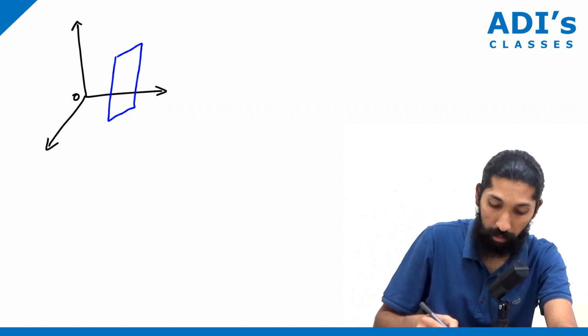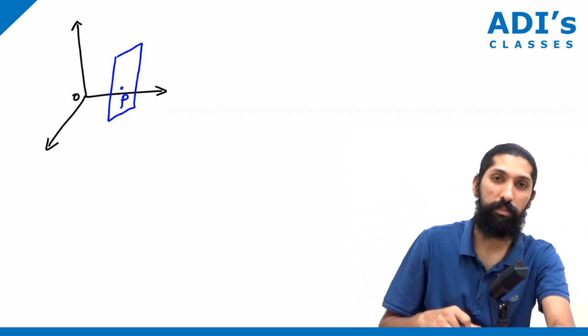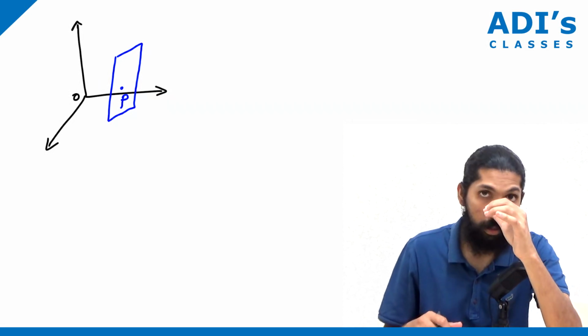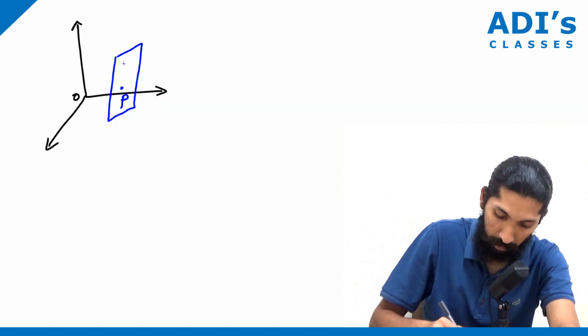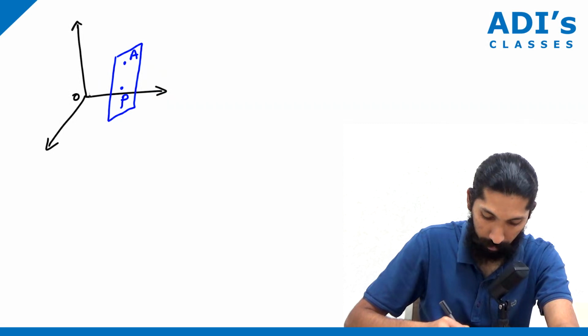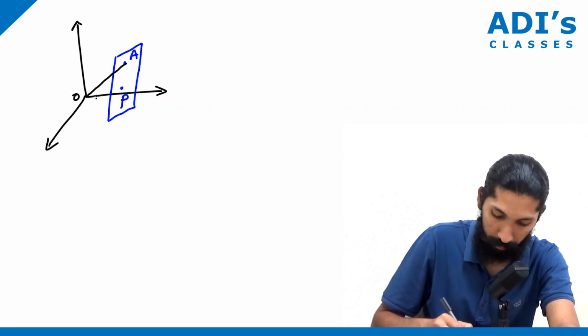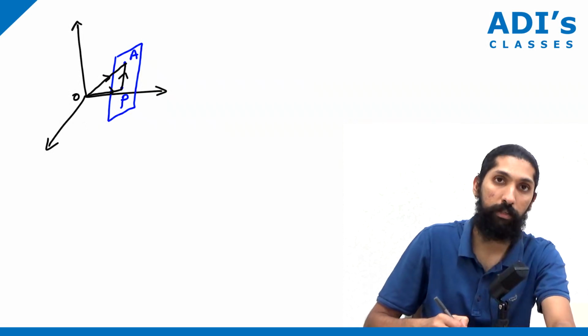Always remember, an arbitrary point is given by point P, which is some x, y, z. But there is a given point, say the given point is A. Then we take OA, OP, and PA. These three vectors are there.